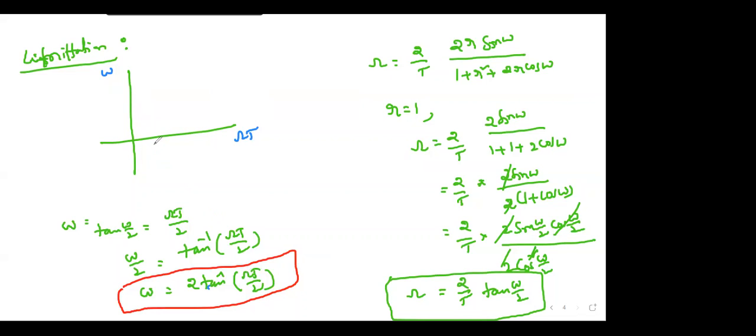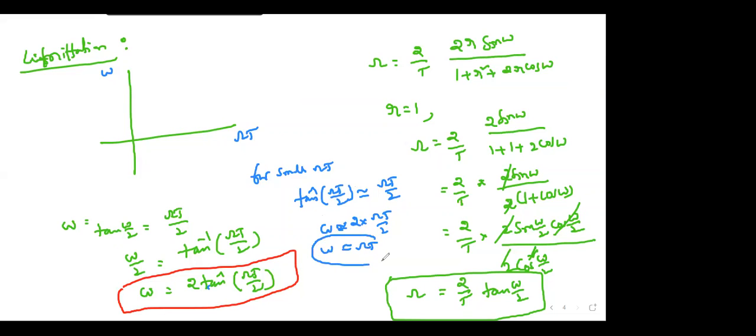Approximately, for small omega T, tan inverse of omega T by 2 is approximately equal to omega T by 2, the same angle, because tan theta is approximately equal to theta for small angles. So omega is equal to 2 into omega T by 2, approximately. So this is equal to omega T.